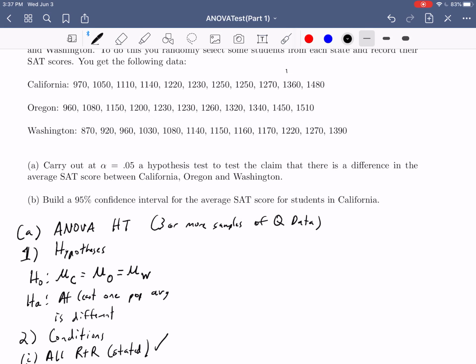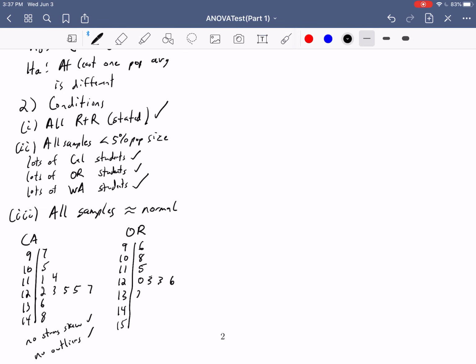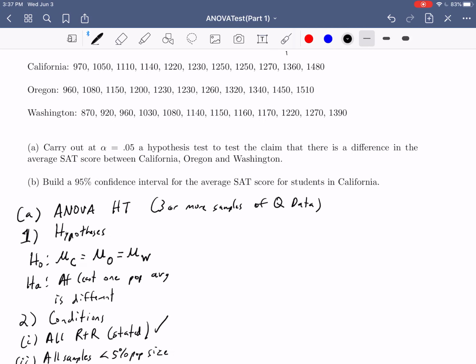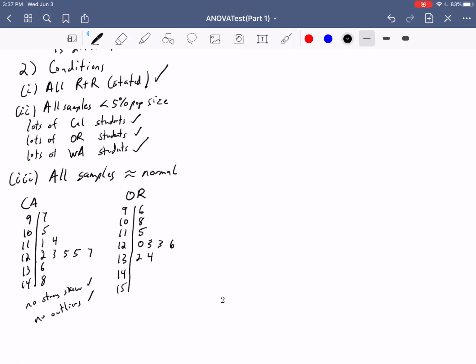Then looks like 1320 and 1340, and then 1450 and 1510. So again, not perfect, but generally we've got our peak in the middle, with tails out to both sides. So we'd say no strong skew and no outliers. We're all good there.